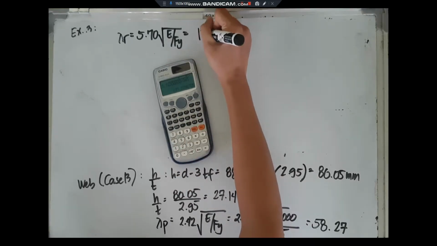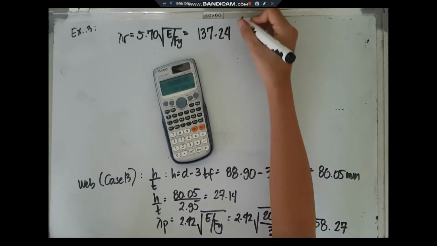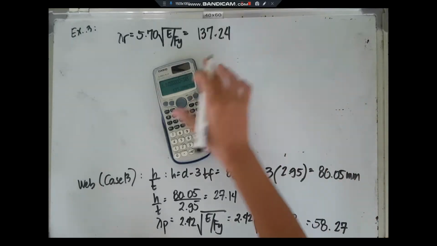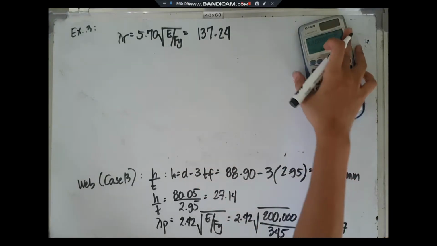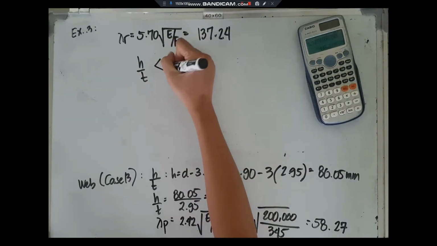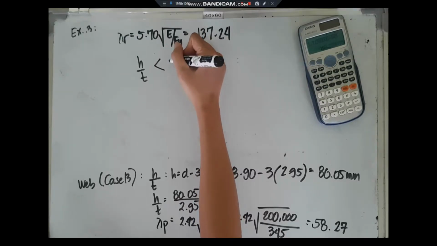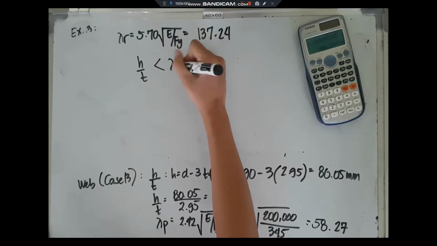So it is equal to 137.24. And we can see that our width thickness ratio is lesser than our lambda p and lesser than our lambda r. So our web is compact.